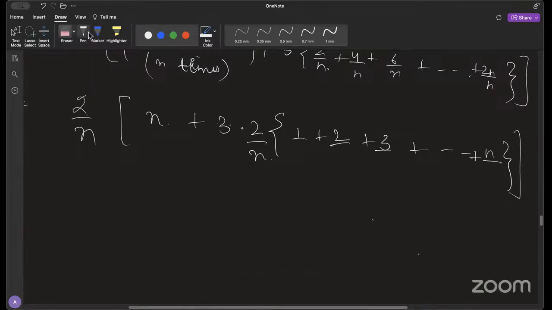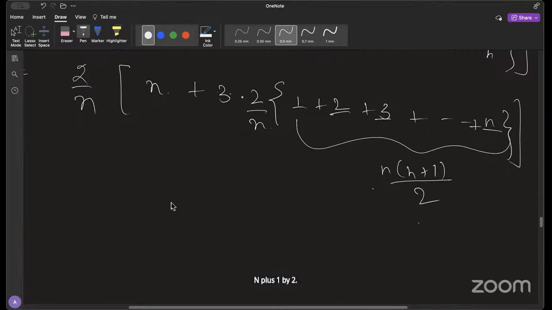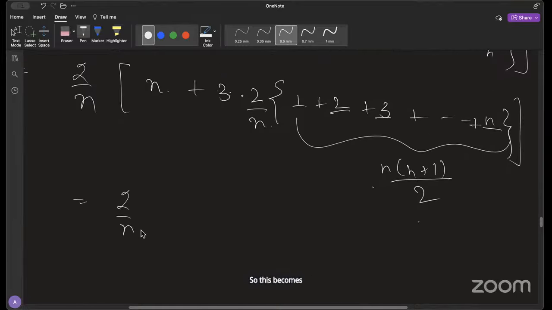So this sum is from 1 to n. The sum is n times n plus 1 by 2. So this becomes 2 by n plus 6 by n from here. And this is just n plus 1 by 2.